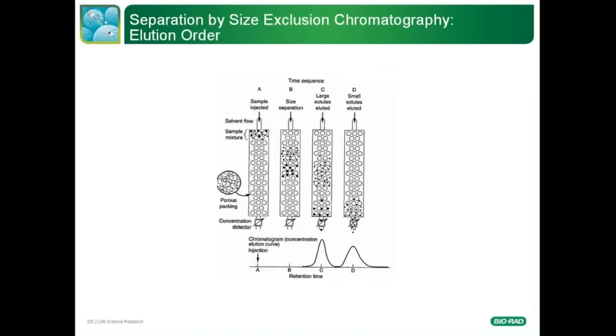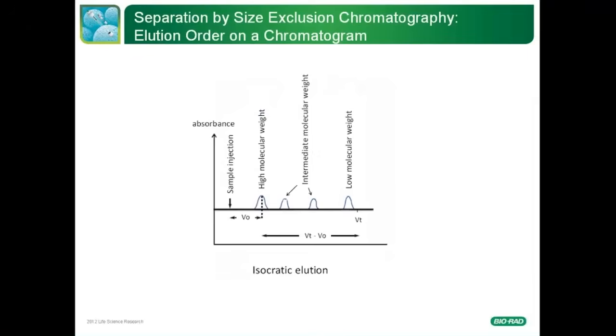This is also confirmation of the actual separation taking place. What I want to point out this time on this chromatogram is the elution order of the different size biomolecules. I talked about how this is generated.